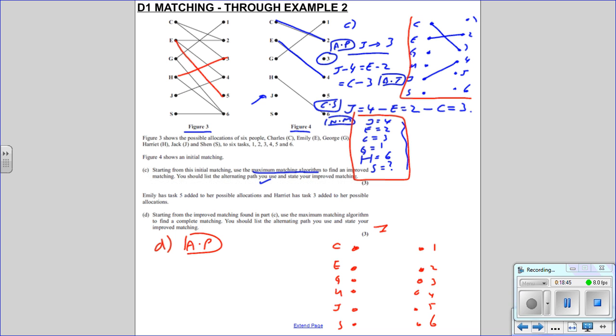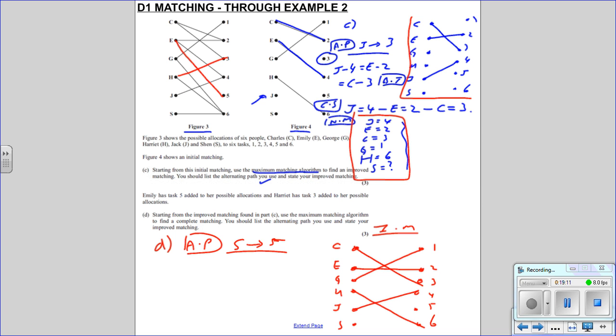So this can be our new initial matching. So that's C to 3, J to 4, E to 2, G to 1, H to 6, and S we don't know. Okay, so alternating path, S has got to go to 5, isn't it? They're the two ones which are missing.